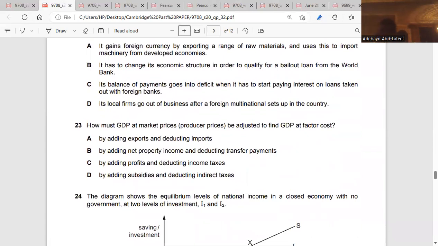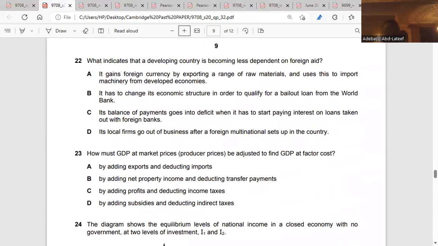22. What indicates that a developing country is becoming less dependent on foreign aid? The only time a developing country will be less dependent on foreign aid is when they are exporting their raw materials, and at the same time, instead of taking that money, they use it in purchasing equipment or machinery to help them to convert these raw materials into finished goods.